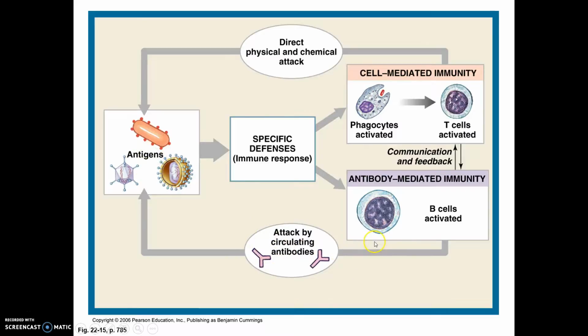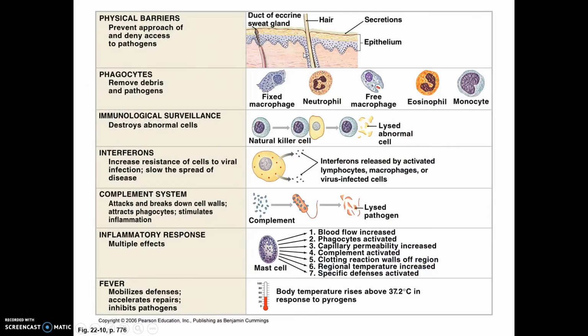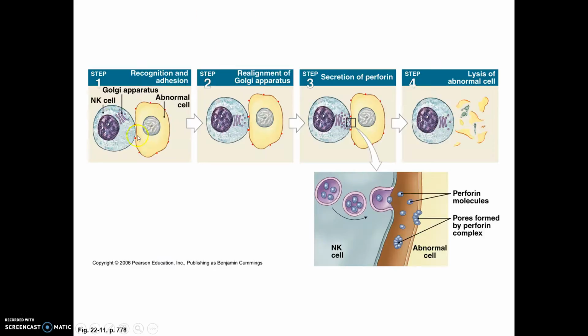But the difference between antibodies attaching and helping kill these versus the T cells is that we say B cells do antibody-mediated immunity because they're releasing antibodies, whereas T cells do cell-mediated immunity because there is a type of T cell called a cytotoxic T cell that goes directly to a cell and does a direct physical, chemical attack. Earlier I talked about how the natural killer cell and the cytotoxic T cell do the same thing.